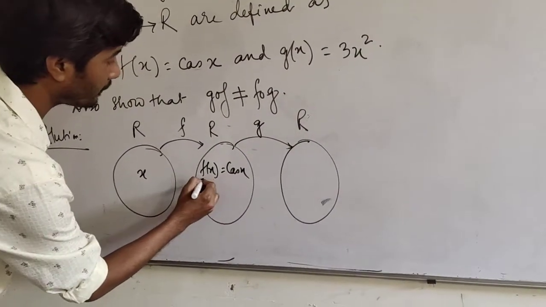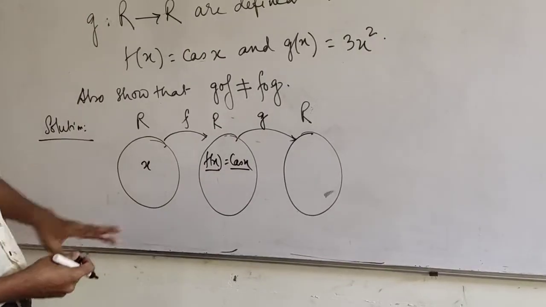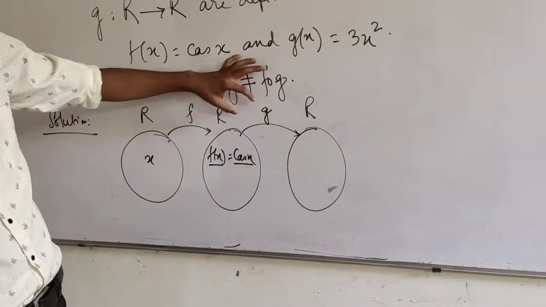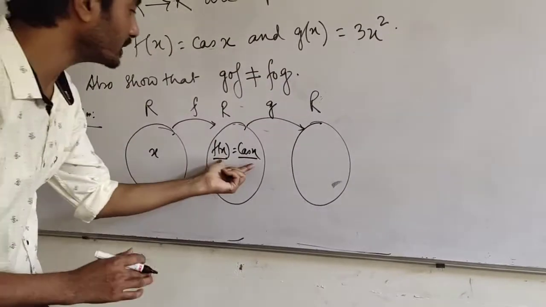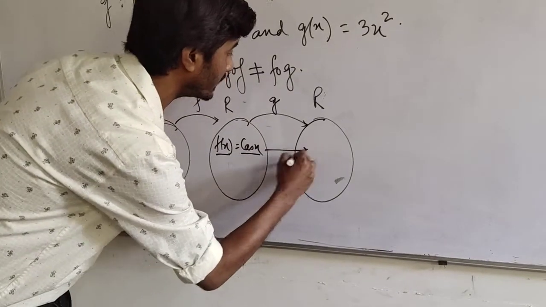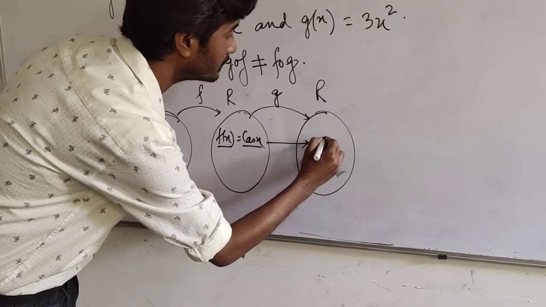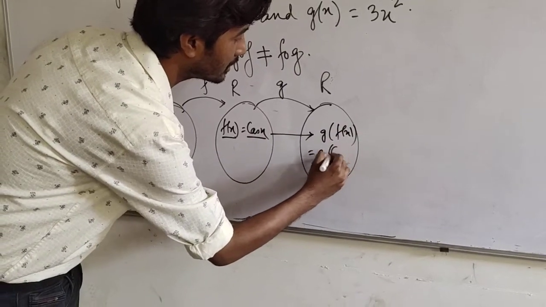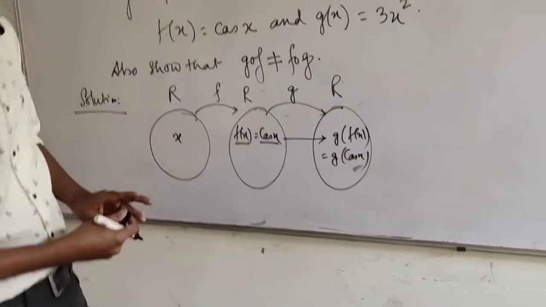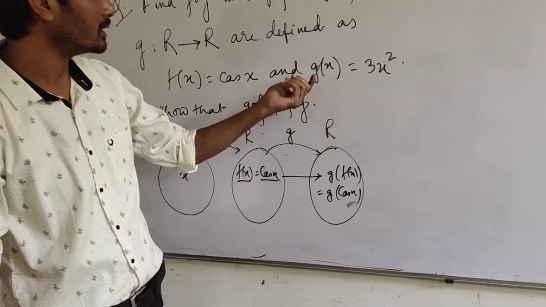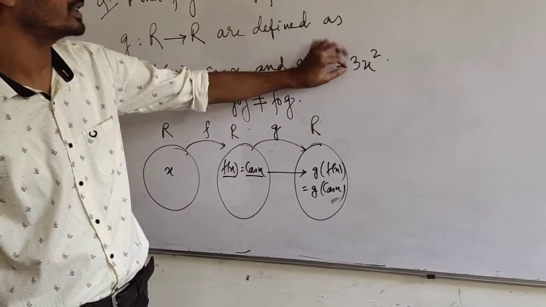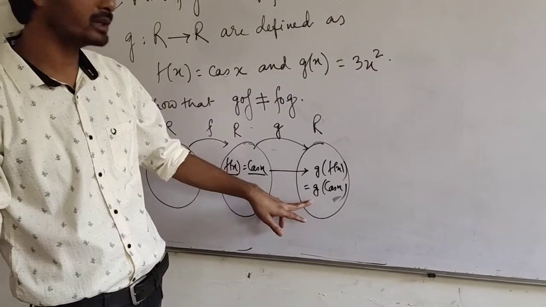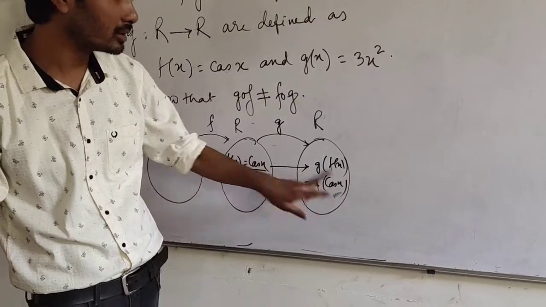Now this f(x) is an element in the domain R of function g. Therefore, for this particular f(x), here we will get g of f(x), that is g of cos x. Now see, the definition of g: g(x) is equal to 3x to the power 2. Here we need to find out g of cos x.